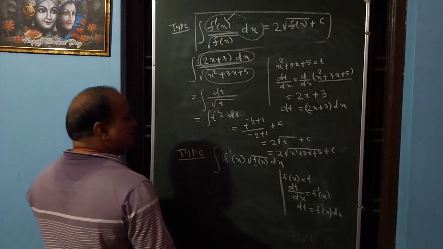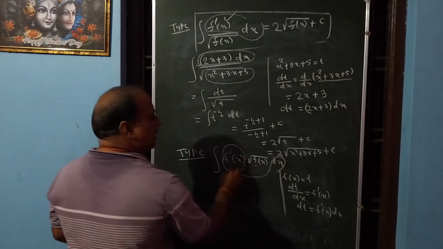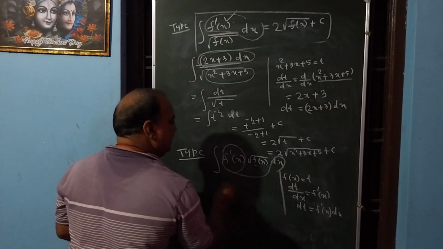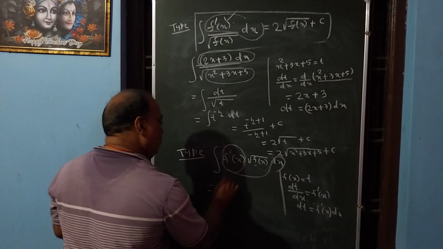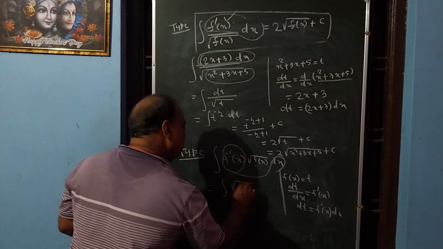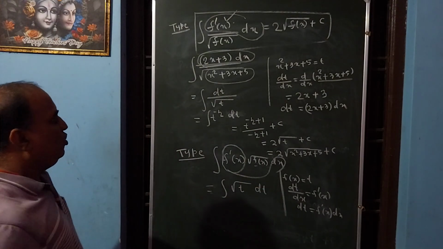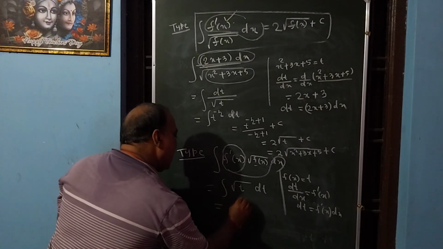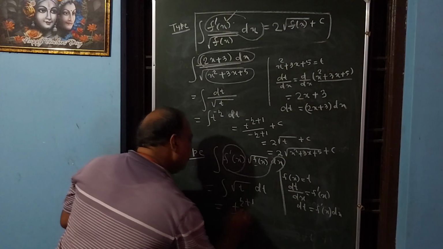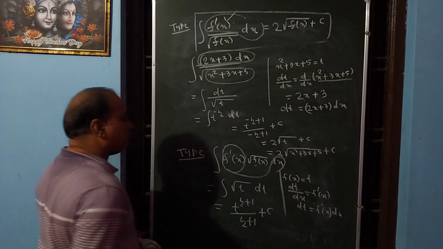So now it is replaced. In place of f dash x dx, we get dt. In place of root over of fx, we take root over of t. So the integration value becomes t to the power half plus 1 divided by half plus 1 plus c.